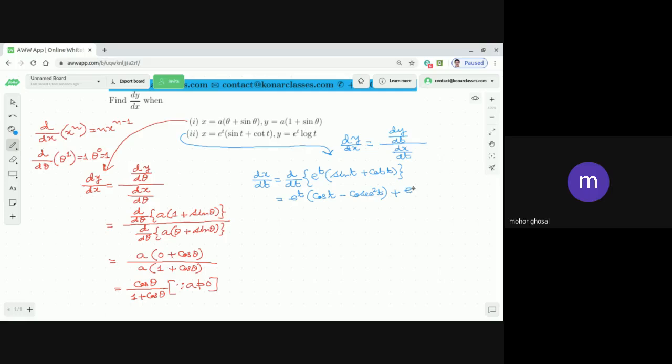So you get e power t into (sin t plus cot t).